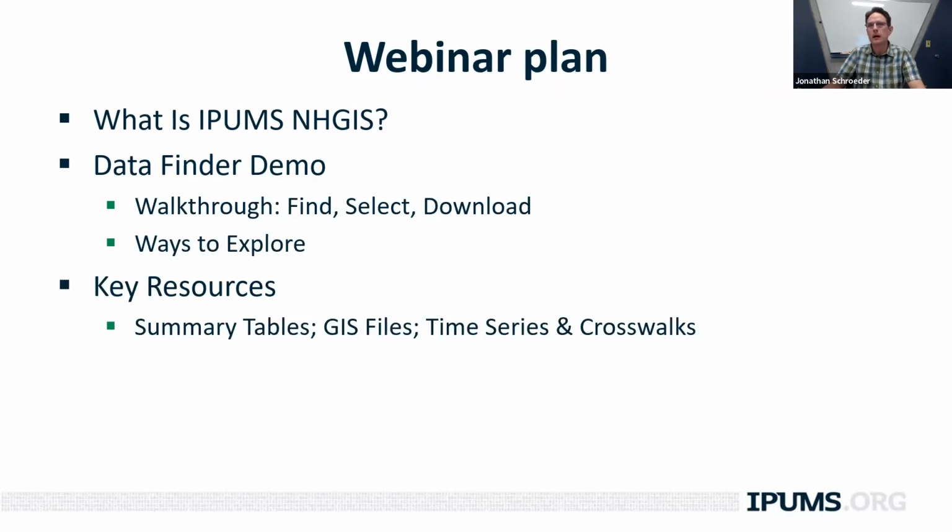Moving ahead, I'll try to give a very broad tour to summarize the full scope of what NHGIS has to offer in terms of our summary tables, our GIS files, our time series and crosswalks. And at the very end, I'll say a bit about some new resources we have for an API and IPUMS. Finally, a little bit about our user support and time for Q&A.